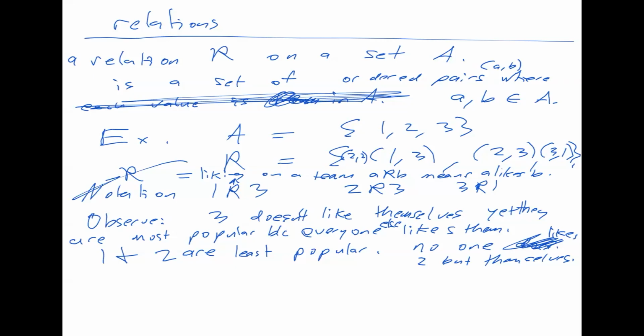So, okay, let me start a new one. A relation is called a reflexive relation. The definition of that. Now, by the way, definitions sometimes use the words if and only if.